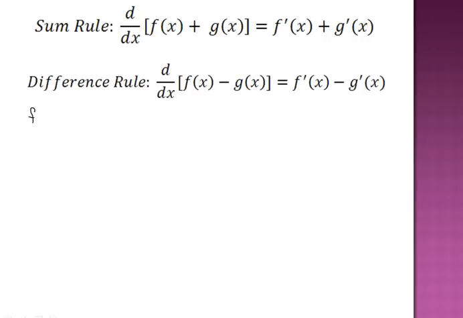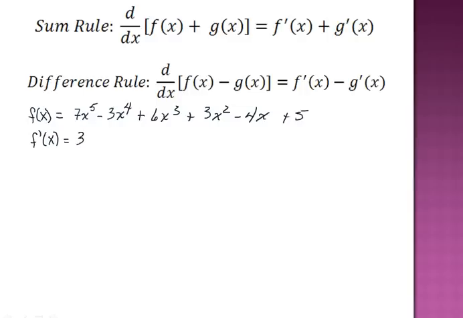Your sum and difference rules make your deriving very simple because they allow you to simply look at something long like a polynomial and treat them as individual functions that you're adding and subtracting together. And so we can just look at them individually, derive each one, and the combination of all the derivatives is our answer. So finding f prime is rather quick.